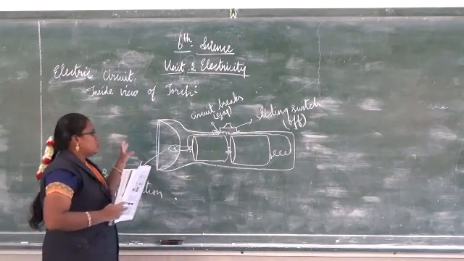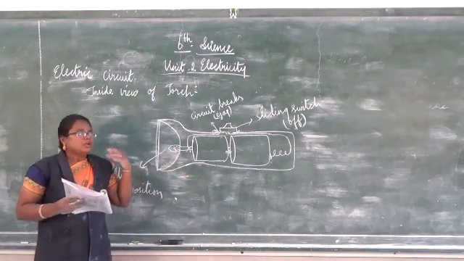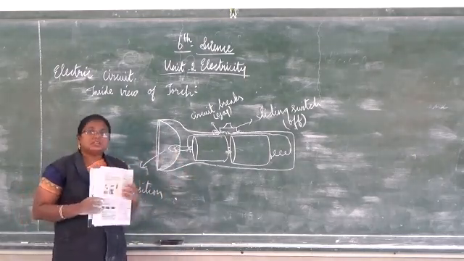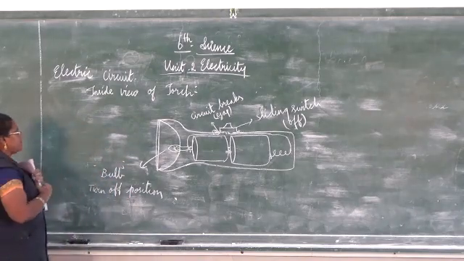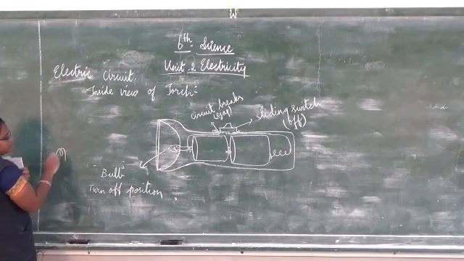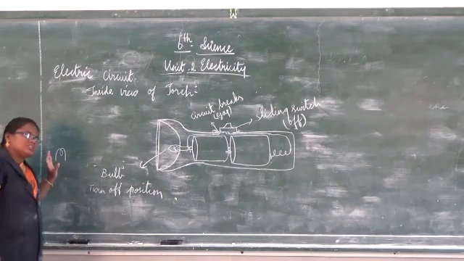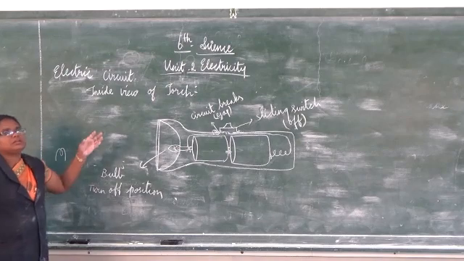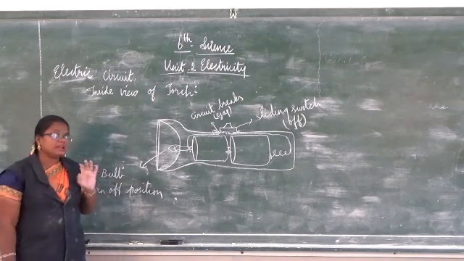Understand children? If we draw a particular appliance and you do not understand the circuit, it will confuse you. But when there is a symbol, for example for a bulb, we use the symbol, and if we read the circuit we can understand very clearly and we will not make any mistake.